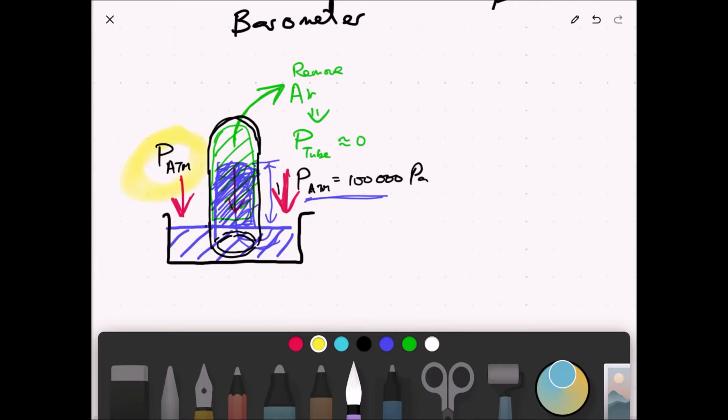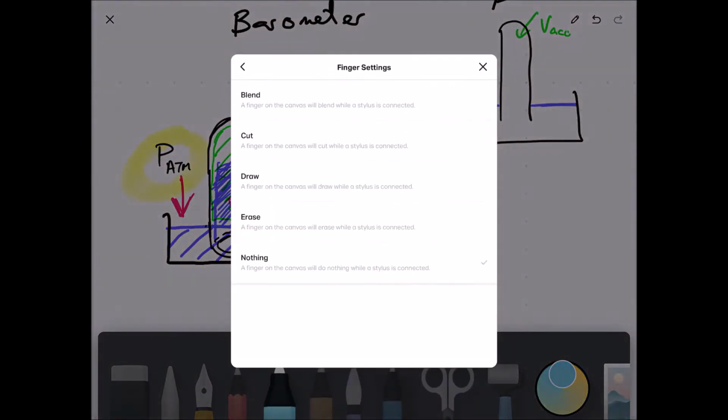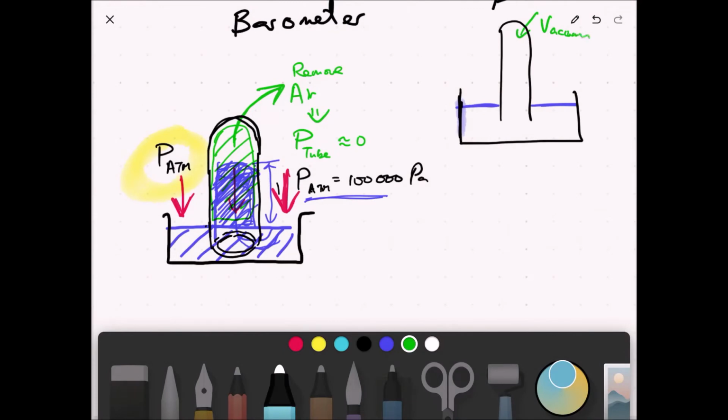So we have built this simple device whereby I have a reservoir of mercury or any fluid, and I put a tube like that, and I fill this reservoir up with mercury, and of course I have to make sure that here I vacuum it. Basically I remove all the air that is inside here.